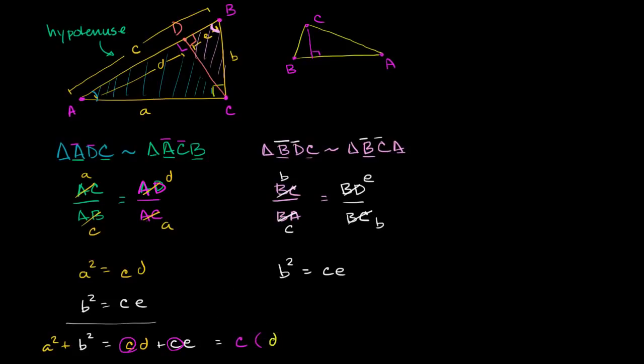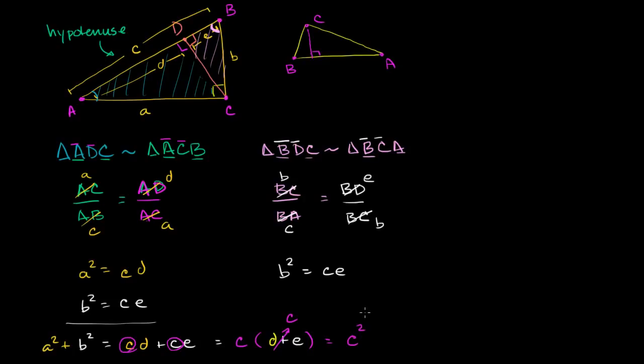Now what is d plus e? d is this length. e is this length. So d plus e is actually going to be c as well. So you have c times c, which is just the same thing as c squared.